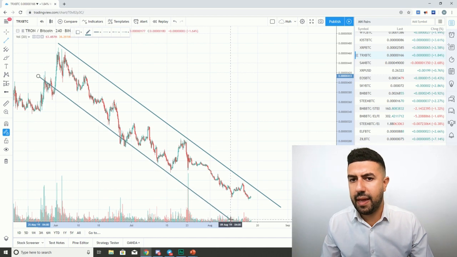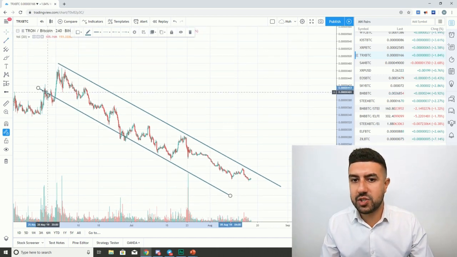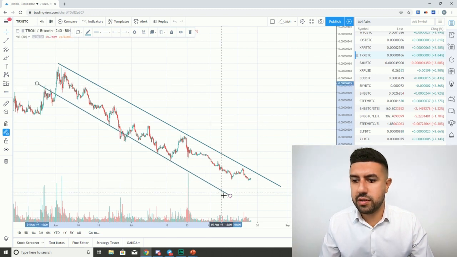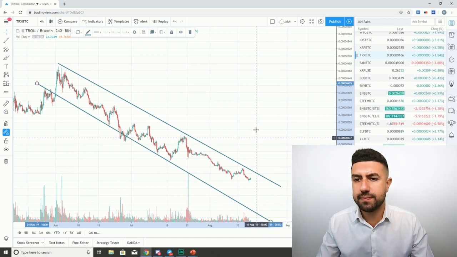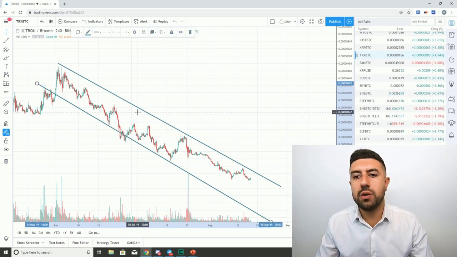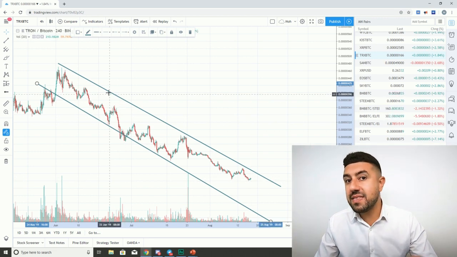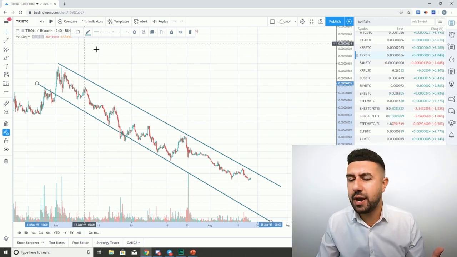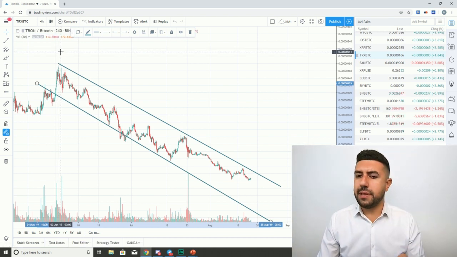I don't want to trade this at this moment, or I don't want to buy this at this moment, because it does not look like it's going in the right direction. So I wouldn't want to be long in this position. Maybe I think this coin, Tron, which I'm looking at right now, is a really good coin and there's an event coming up and it's going to do great.